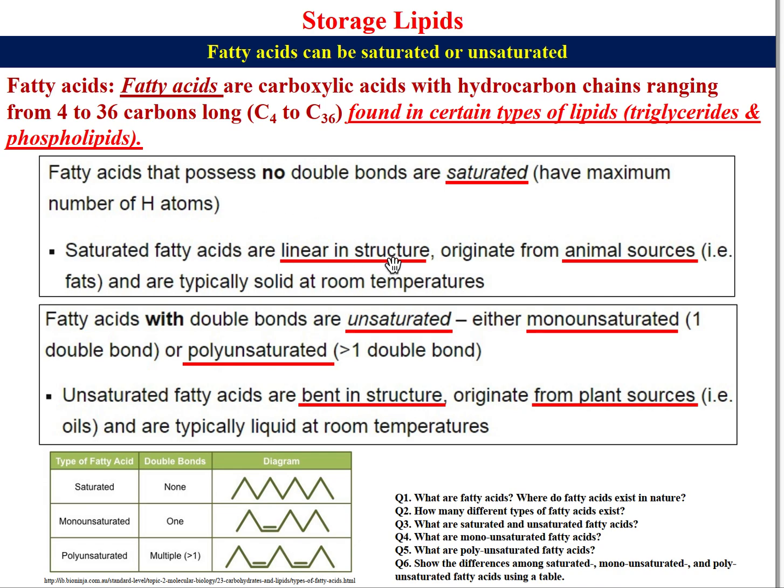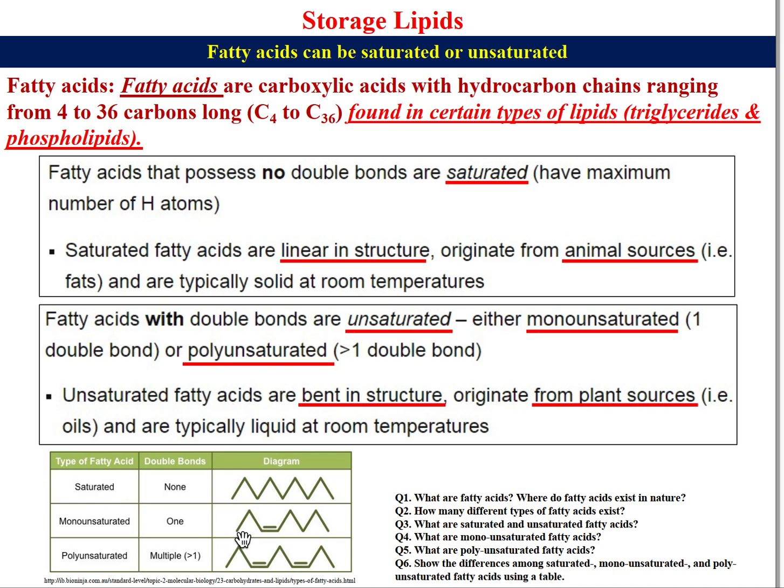Saturated fatty acids are linear in structure, originate from animal sources like fats, and are typically solid at room temperature. Fatty acids with double bonds are unsaturated, either monounsaturated having one double bond or polyunsaturated having more than one double bond. Unsaturated fatty acids are bent in structure, originate from plant sources, and are typically liquid at room temperature.